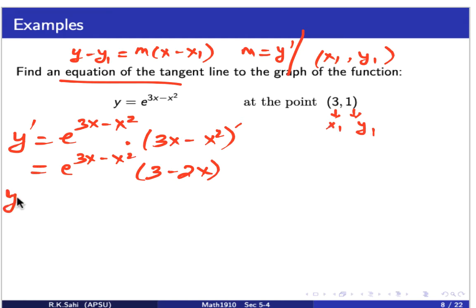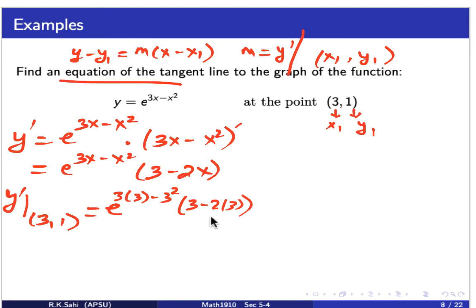So evaluating this at 3 and 1, what do we get? e to the power 3 times 3 minus 3 squared, and 3 minus 2 times 3. Now, 9 minus 9 is 0, so e to the power 0. Anything to the power 0, remember guys, is 1. 3 minus 6 is minus 3. So it's minus 3.